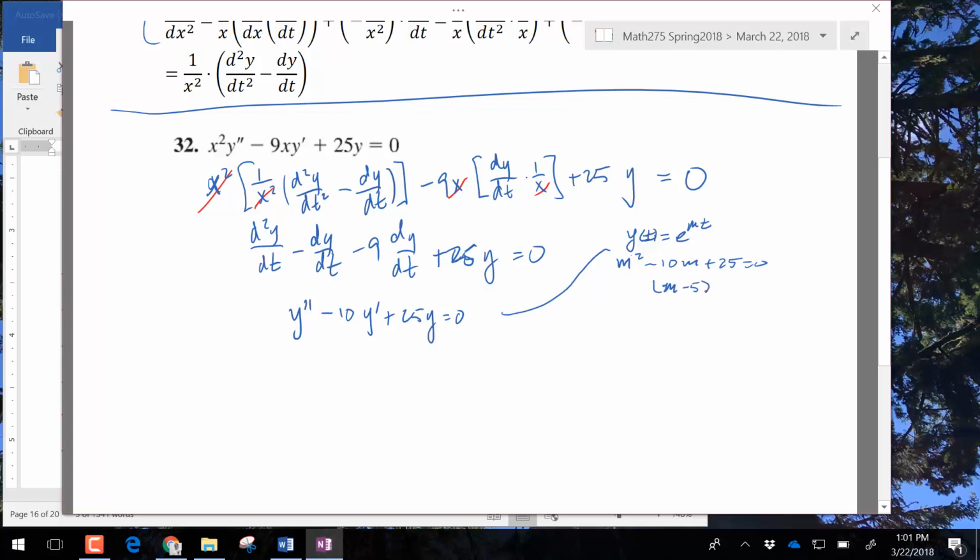m minus 5 squared is equal to 0, so m is equal to 5 with multiplicity 2.